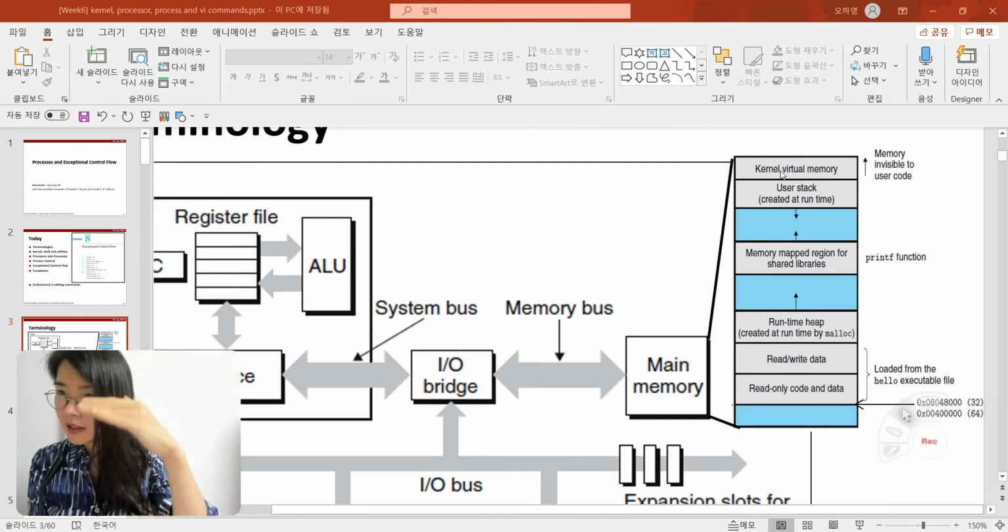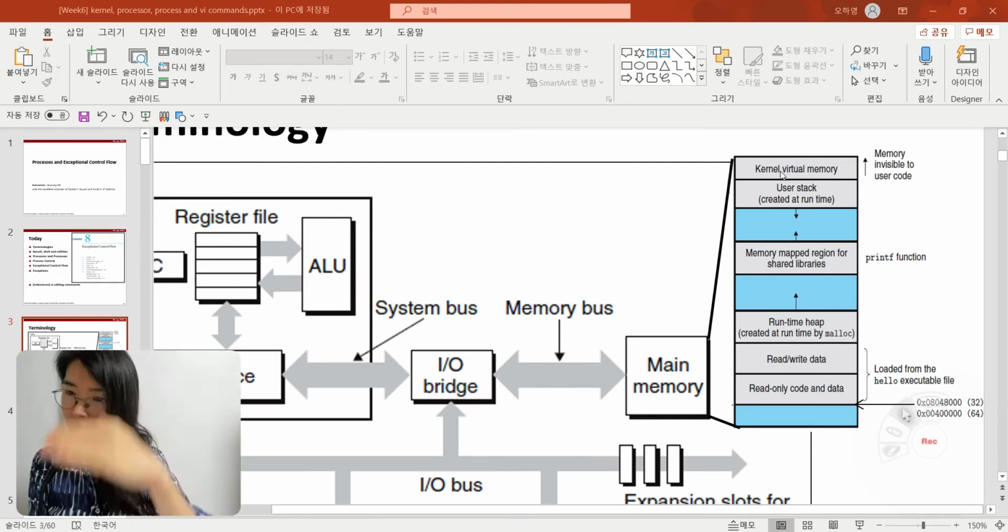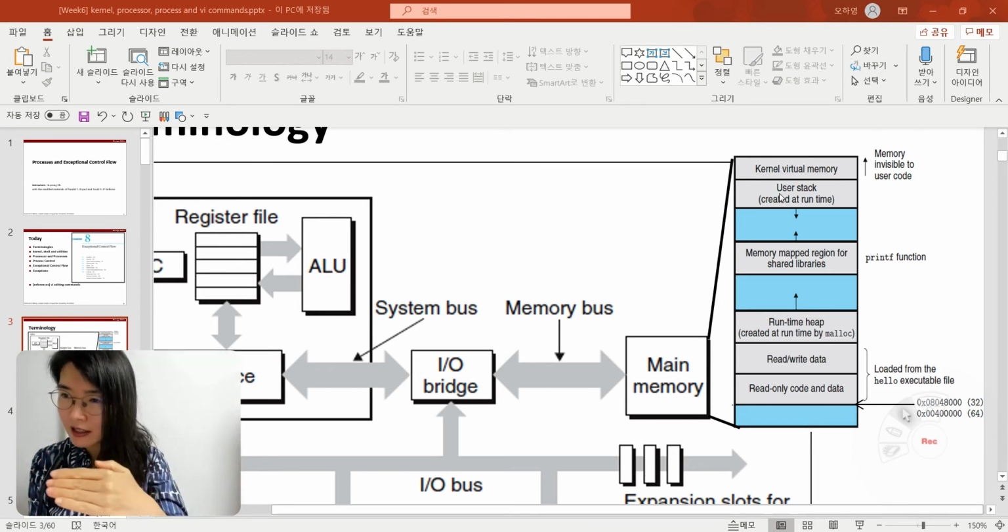So the kernel virtual memory is the top level of the main memory, and then we can consider the user stack. And when you look at the bottom of the main memory, these are related with the general code, such as hello.c. Alright?